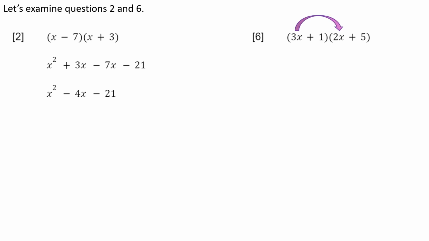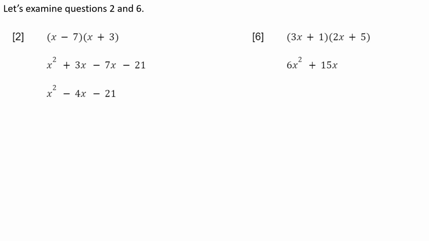So when I do 3x times 2x, sure, I'm going to get an x squared, but 3 times 2 is 6. So we get a 6x squared. 3x times 5, well, 3 times 5 is 15, but it was actually 3x times 5, so I need a 15x.